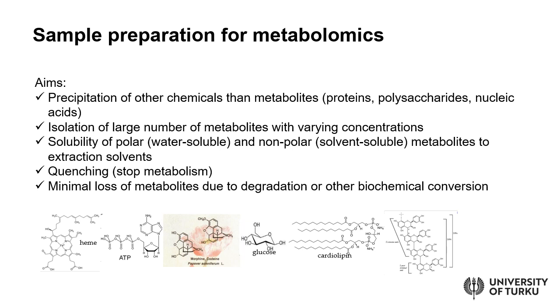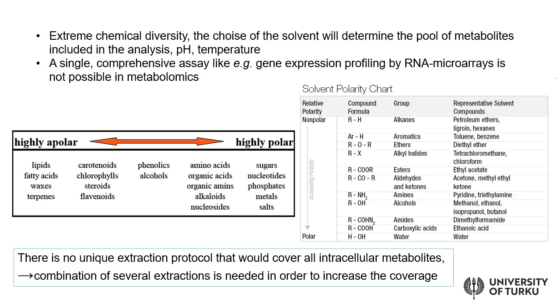So for these reasons, sample preparation and selection of the correct means for sample preparation in metabolomics analysis is a relatively essential step. And this further highlights the fact that in metabolomics analytics, we are looking at very extreme chemical diversity. So for this reason also the solvent selection is absolutely important, because that will determine the pool of metabolites that you can actually get in your sample.